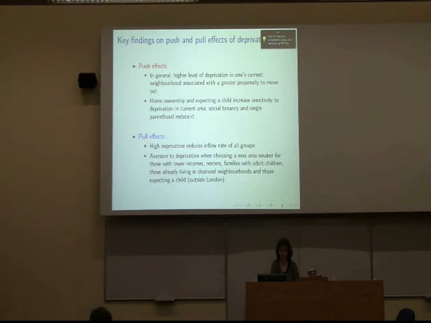So if you're already living in a deprived area, as we expected, there is less aversion to deprivation when choosing a new area to live. And we also find this aversion to deprivation is weaker among those who are expecting a child, but only outside London.